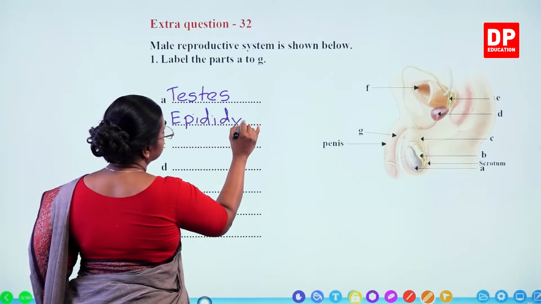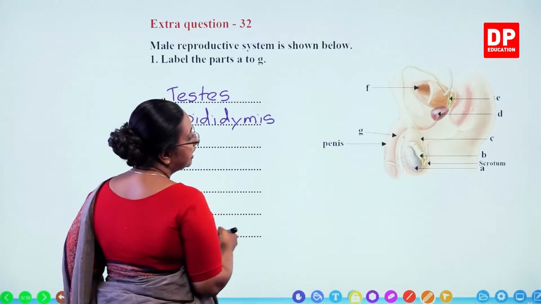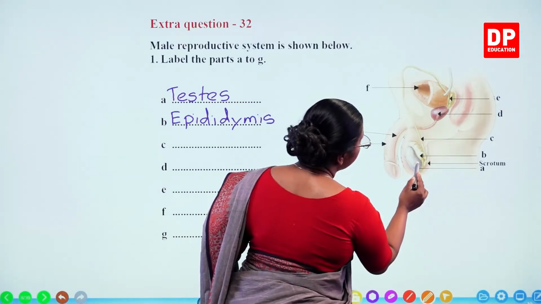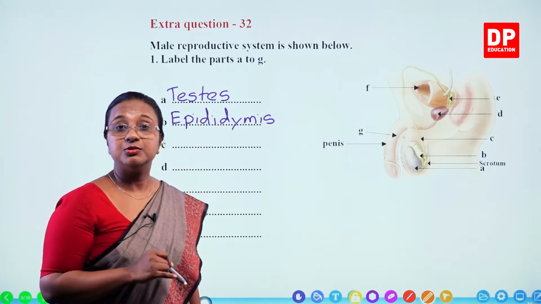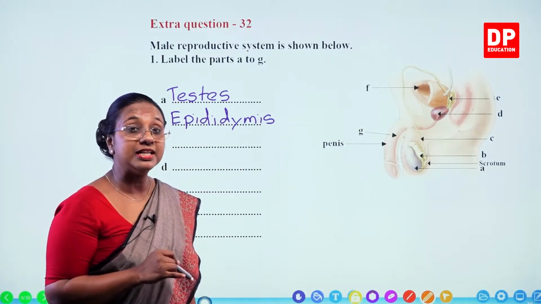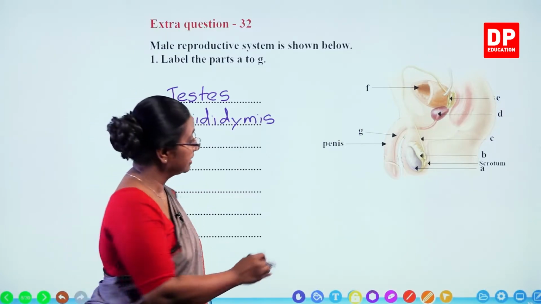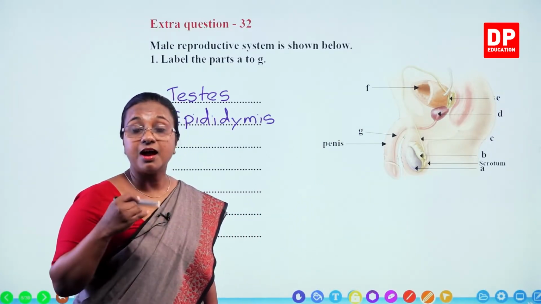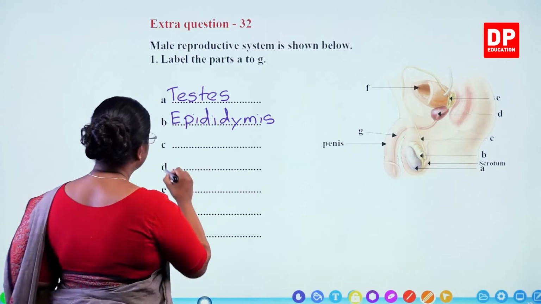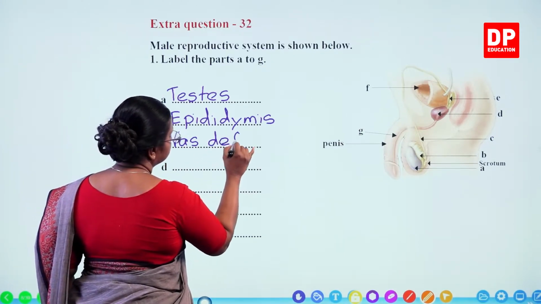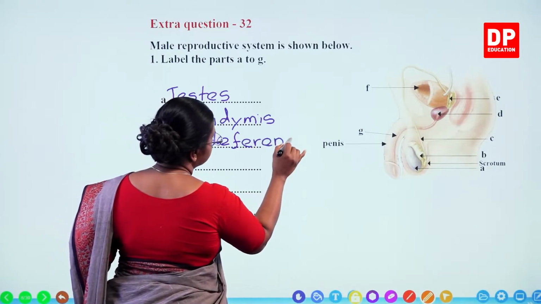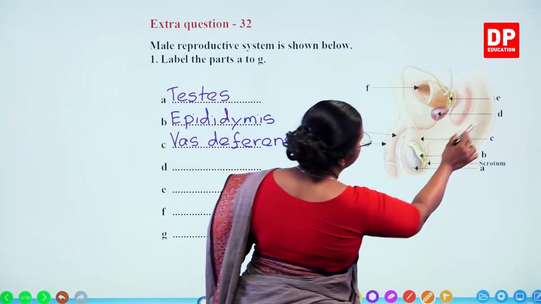Then C. From the epididymis, the sperms are taken towards the seminal vesicle by the vas deferens, that is the tubule that transports the sperm. So, that is vas deferens. Then we have structure D.